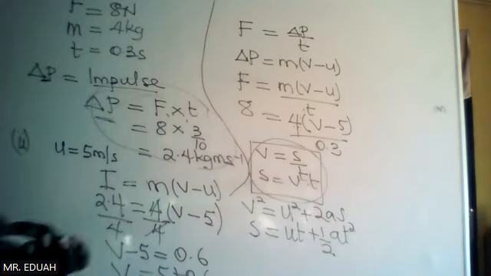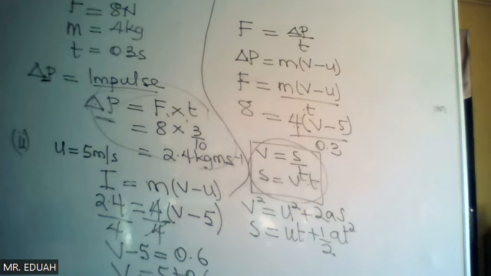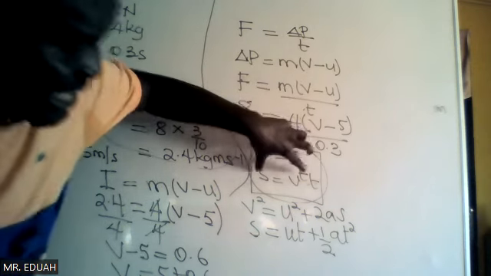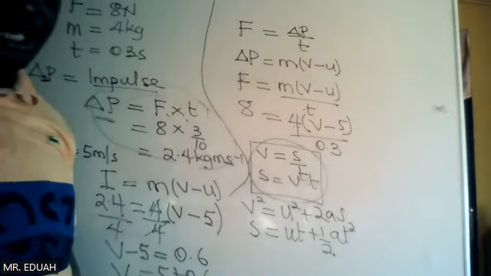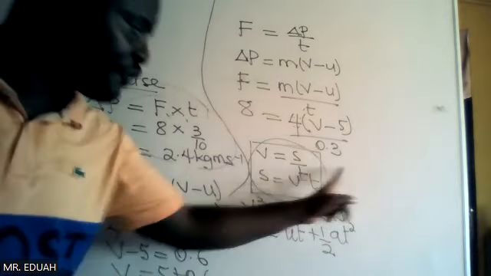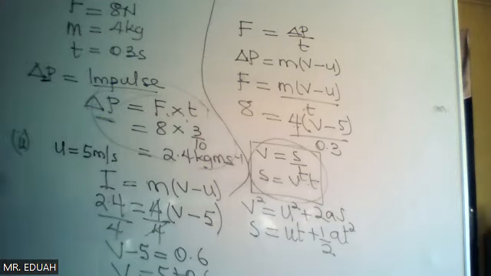You have to factor the acceleration of the body within the given time. When you use this, it's as if you are dealing with a constant velocity kind of motion, meaning the velocity from start to finish is constant. That's the difference.